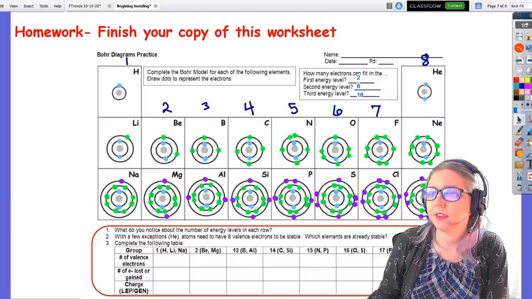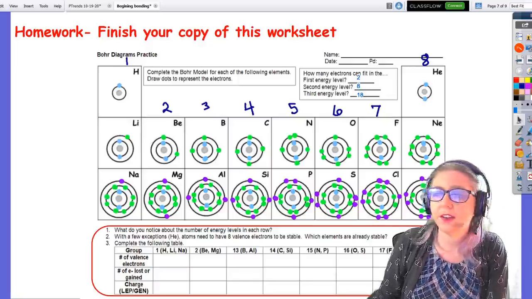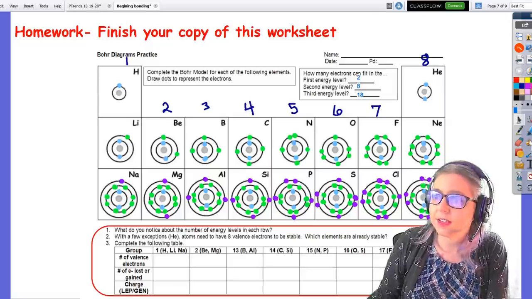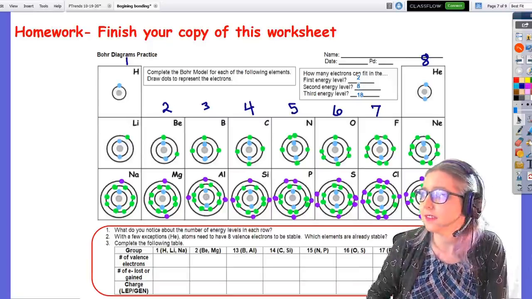Let me rearrange this slightly. You have homework, finish Bohr model diagrams, and you've already done the harder, longer part of this. So I did say you should save this. You probably saved and submitted this.